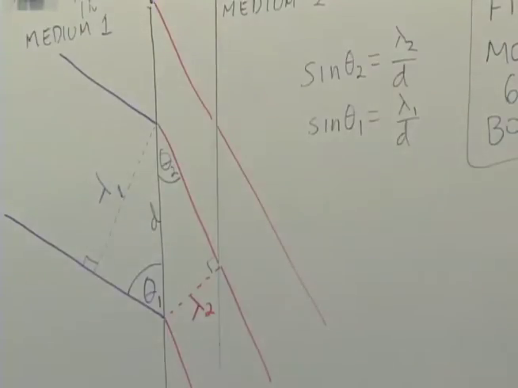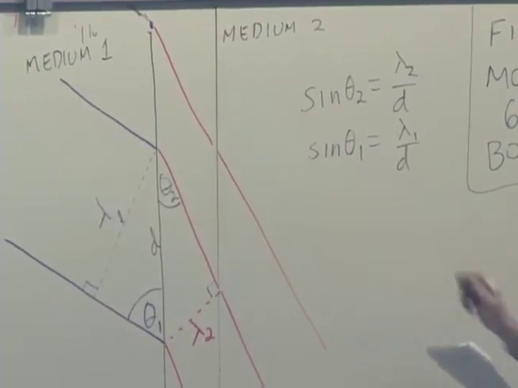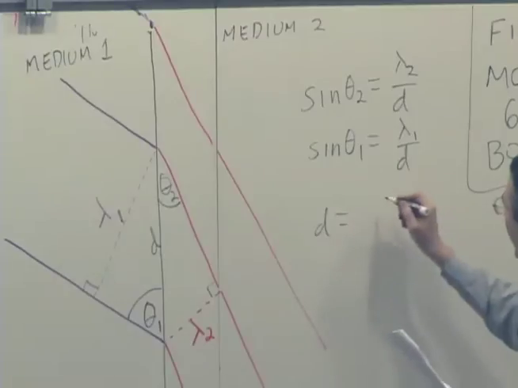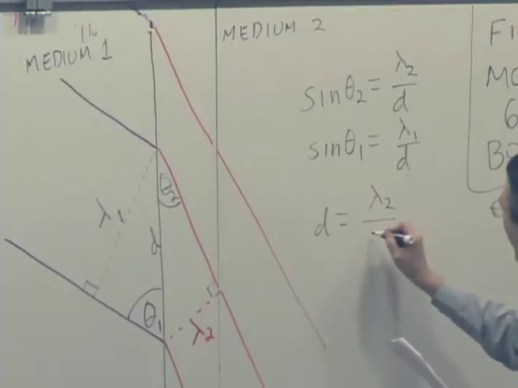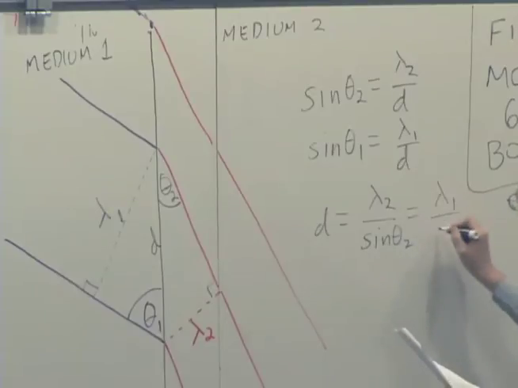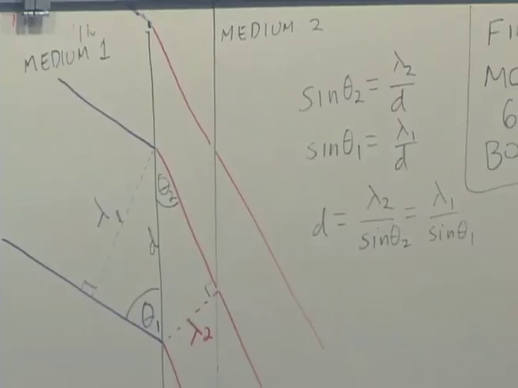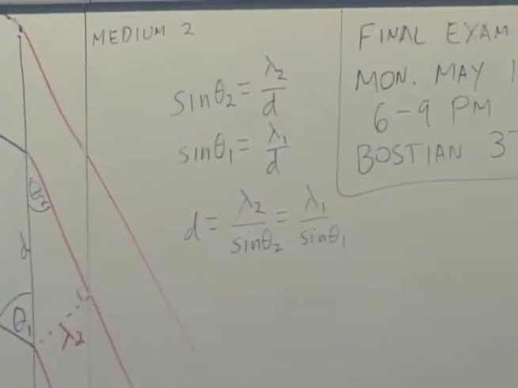That hypotenuse is the same for those two triangles. So I can do a little rearranging here and come up with D equal to lambda 2 over sine theta 2, and that's got to be equal to lambda 1 over sine of theta 1. So those two things are the same.